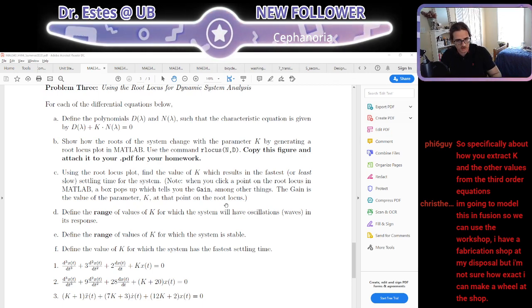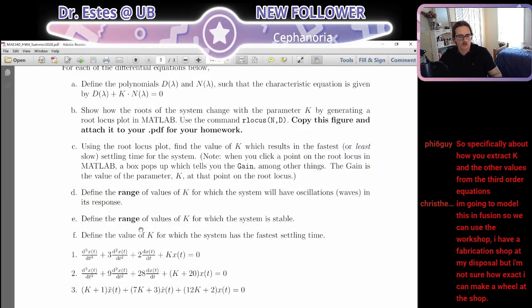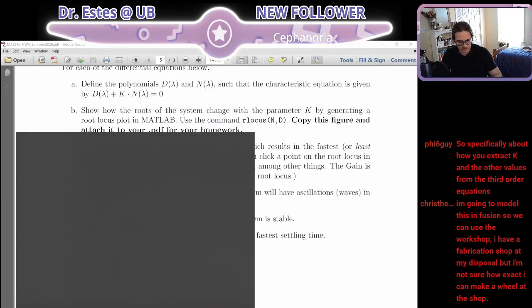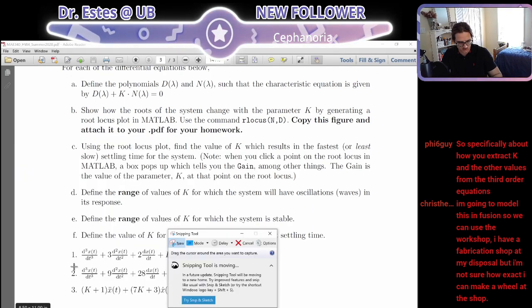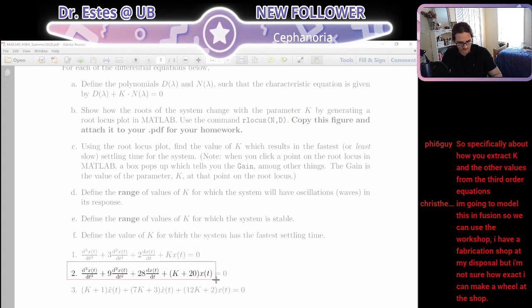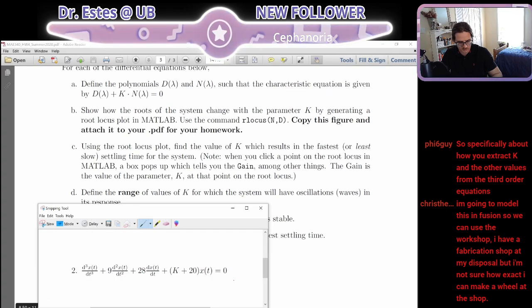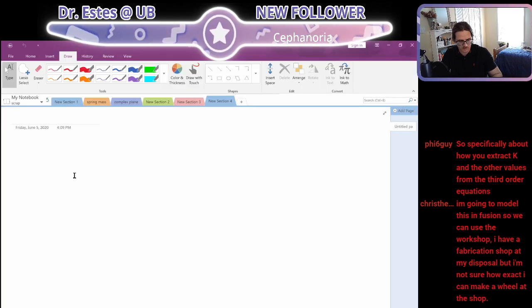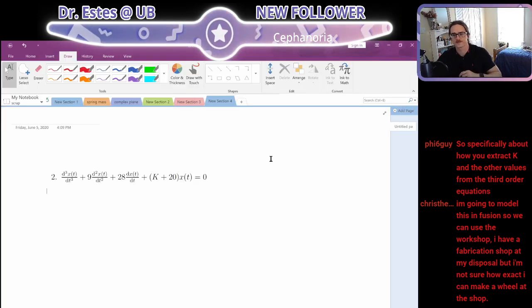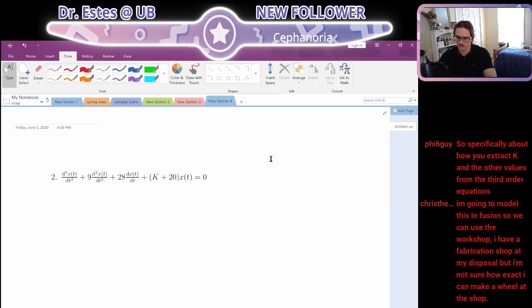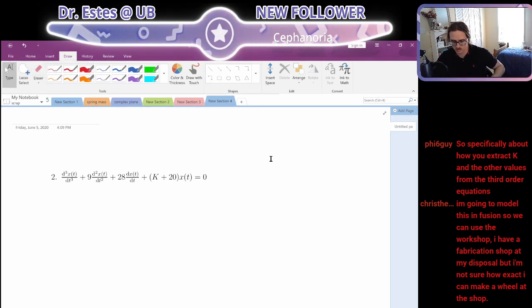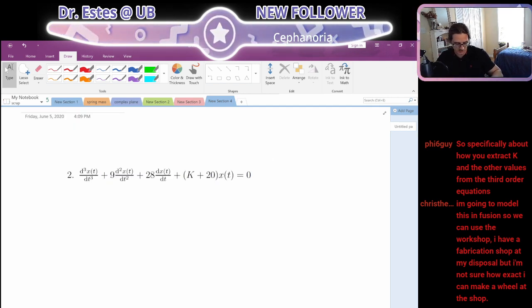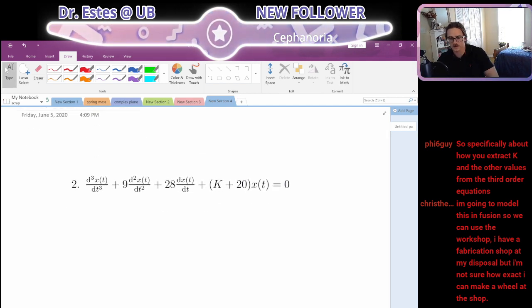Okay, let's take this one. Let's take this one. So, the first step is to get the characteristic equation.